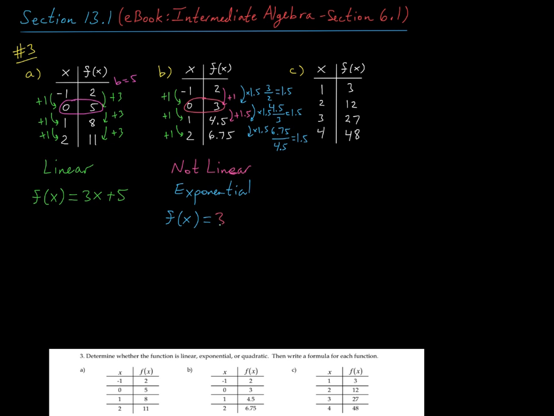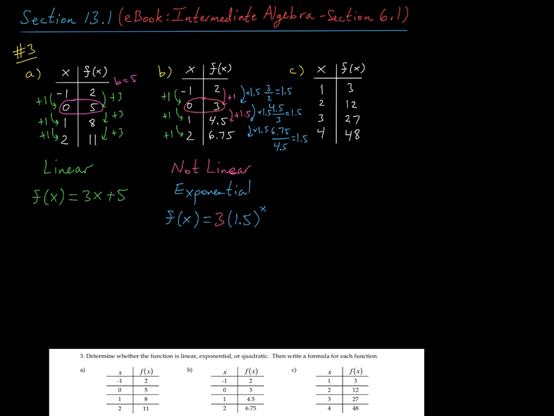So I'm going to have 3 there, and then I'm going to have my multiplier there of 1.5, and that's going to be raised to the x power. Okay, and like for the linear, you can plug in the values of x. The calculations are a little more complicated now, so you could use a calculator, but you can easily check that this does do the job.